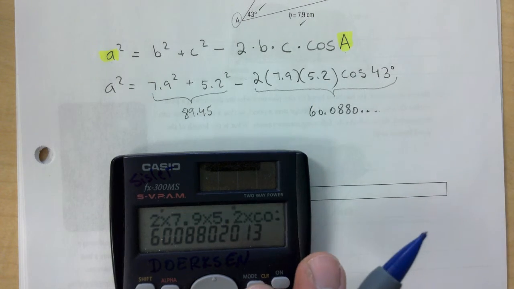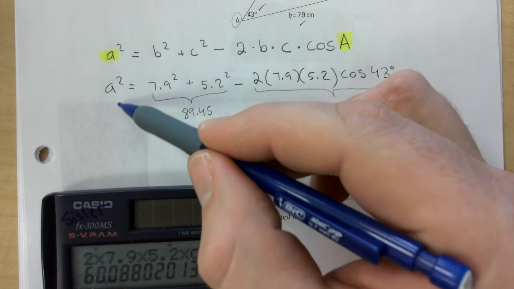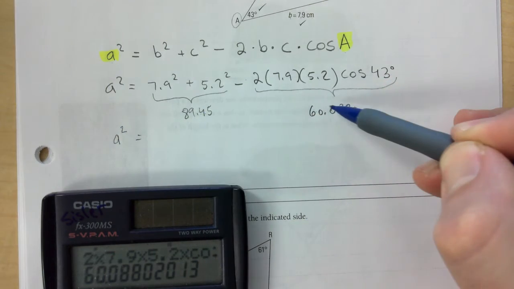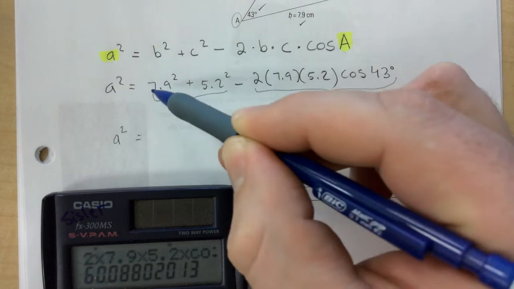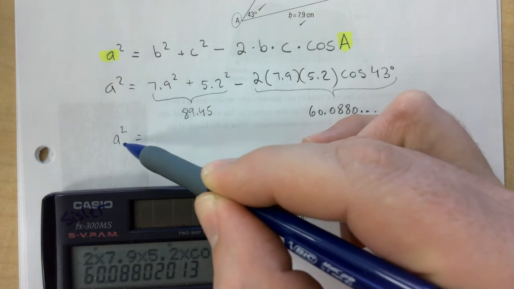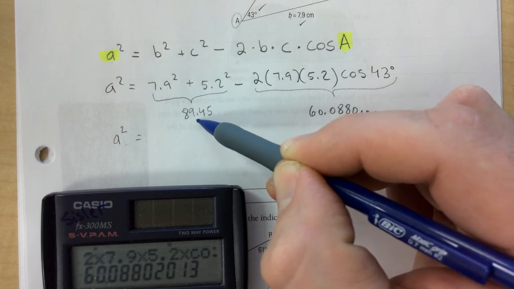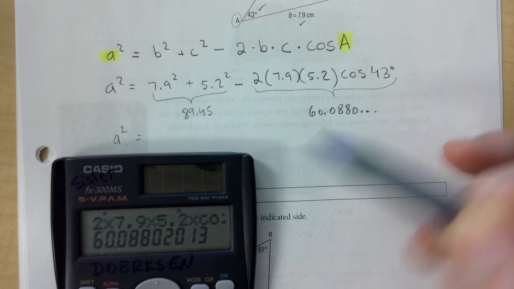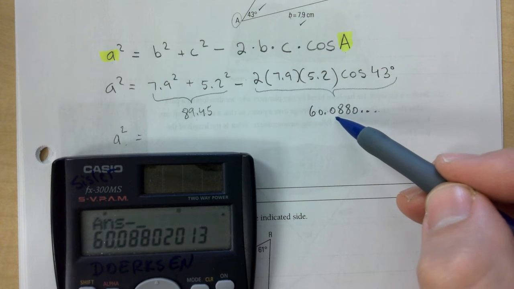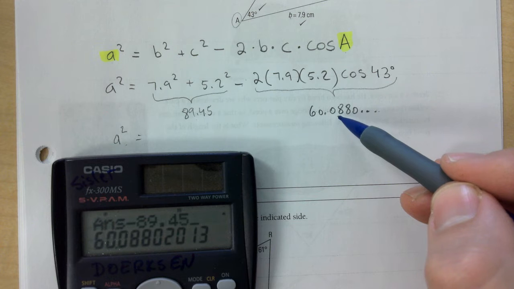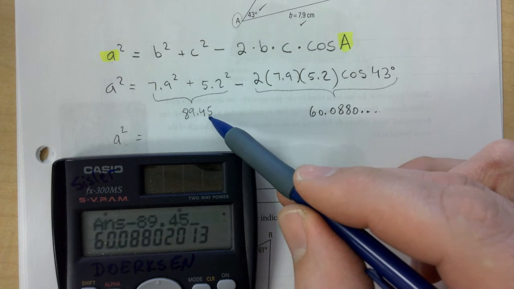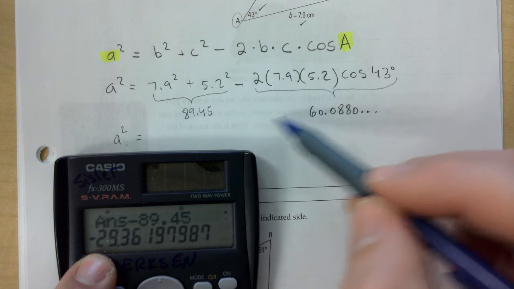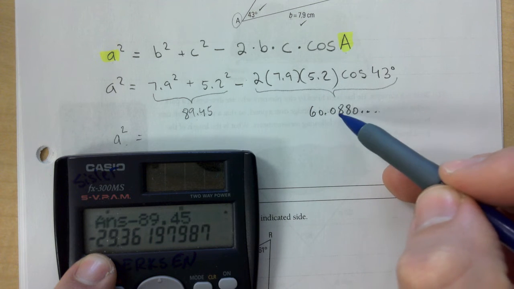So I'm going to bring down the a squared because I did this work in the background. a squared is going to be equal to this minus that. I'm just going to take what I have on my calculator and subtract, but I know it's going to be a positive, and I'm saving some time having to rewrite this.